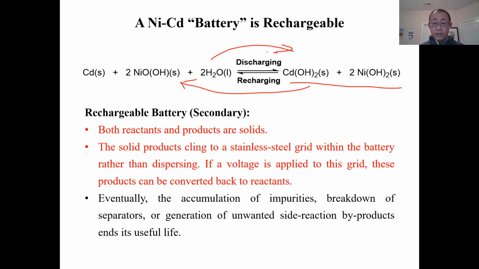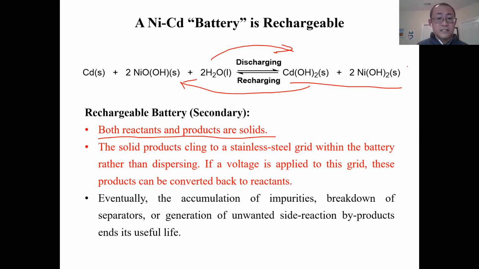Of course, the reaction being reversible is one of the factors to consider for a rechargeable cell, but there are some technical factors that need to be satisfied in order for a battery to be rechargeable. One factor is both reactants and products must be solids. For example, here you can see nickel oxide hydroxide, cadmium metal, cadmium hydroxide and nickel hydroxide are all solids.